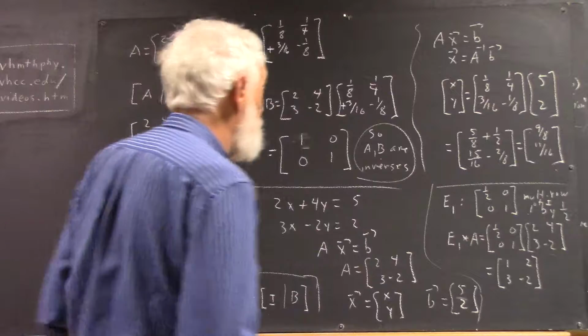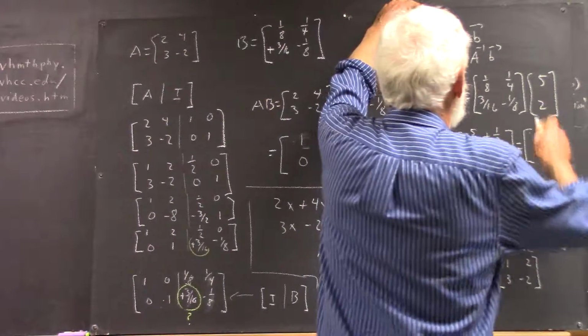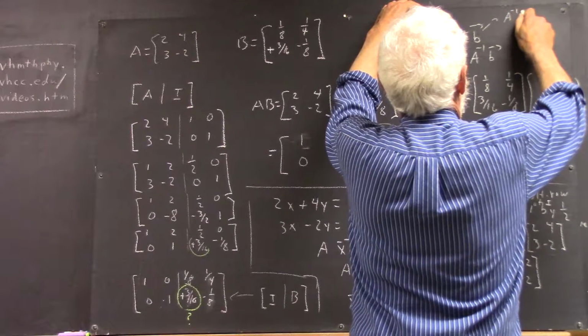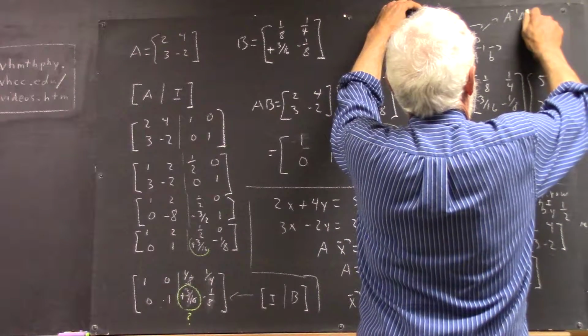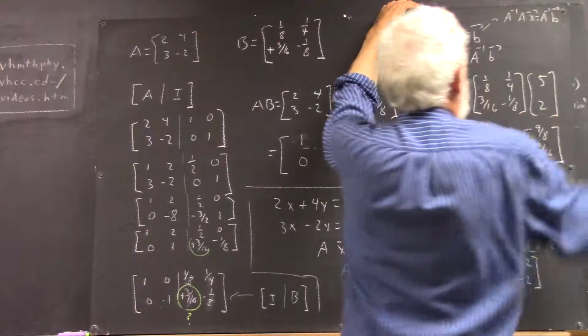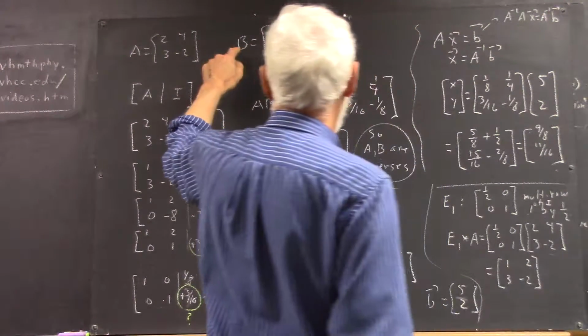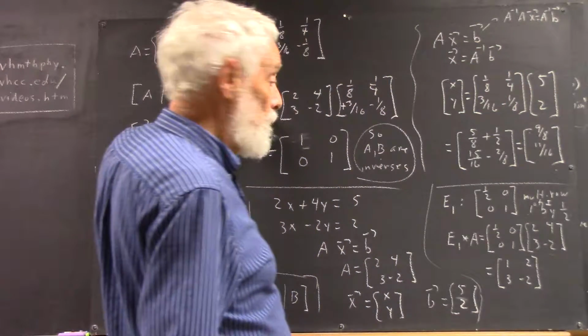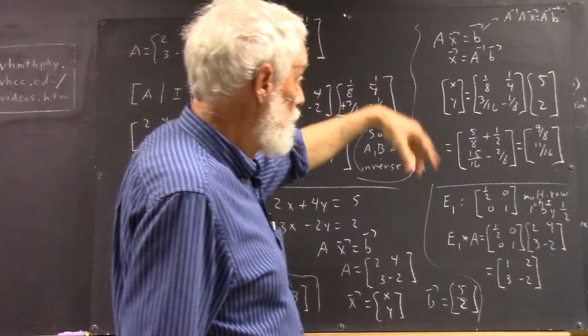Okay, so we get the equation AX equals B for these matrices, and it follows, and of course we could write the intermediate step. That tells you that A inverse times AX equals A inverse times your B, where B is just a column vector. This capital B was your inverse, but I'm going to start calling it A inverse.